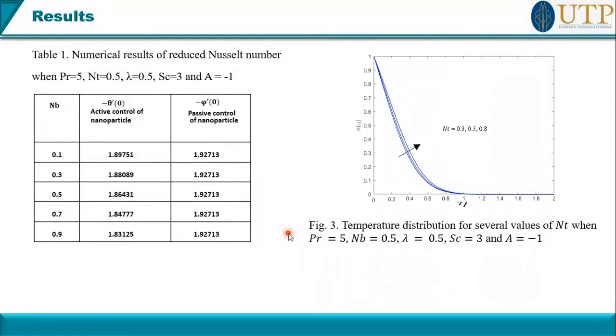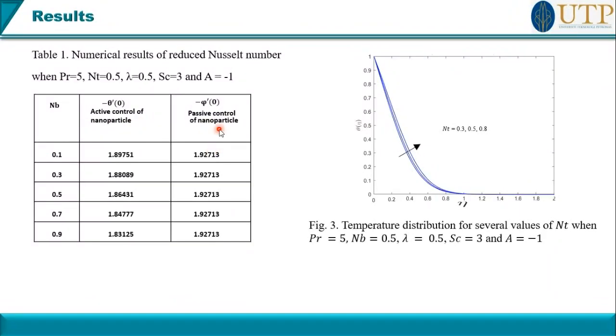From table 1, an increase in the Brownian motion parameter, that's NB, doesn't give any effect on the heat transfer rate for passive control.